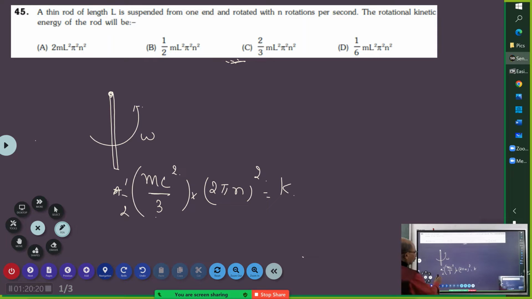This 2 will cancel, only one 2 will remain, so you will be left with 2 by 3 ML square pi square n square, correct? Yes, sir. So C is the option. Correct? C is the option.